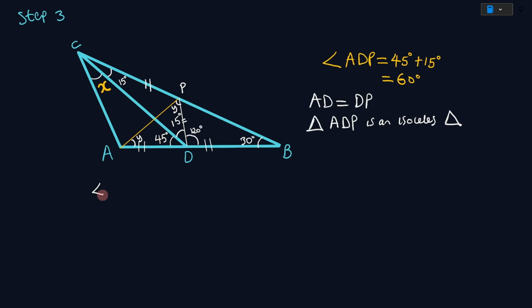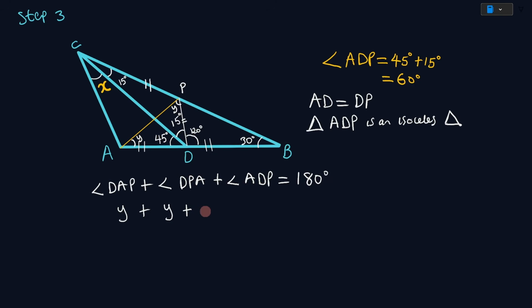What do we mean by that? Angle DAP plus angle DPA plus angle ADP all should be equal to 180 degrees. Our angle DAP, we said let it be y, plus angle DPA, we also said let it be y because they two are equal, plus angle ADP, which is equal to 60 degrees from what we got here, all should be equal to 180 degrees. y plus y is 2y plus 60 degrees equal to 180 degrees.